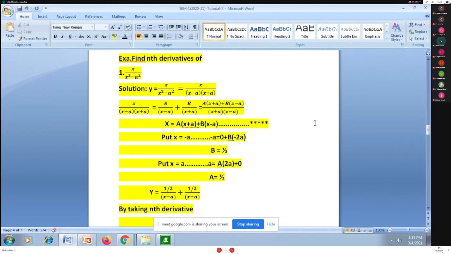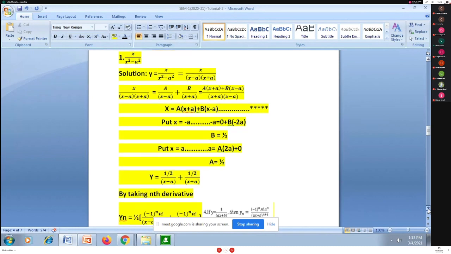But for partial fractions, one important thing is to check whether the degree of the numerator is less than the degree of the denominator. Here it is, so we go for partial fractions. As the denominator has linear, non-repeated factors, we find the values of a and b, resubstitute, and apply the formula.